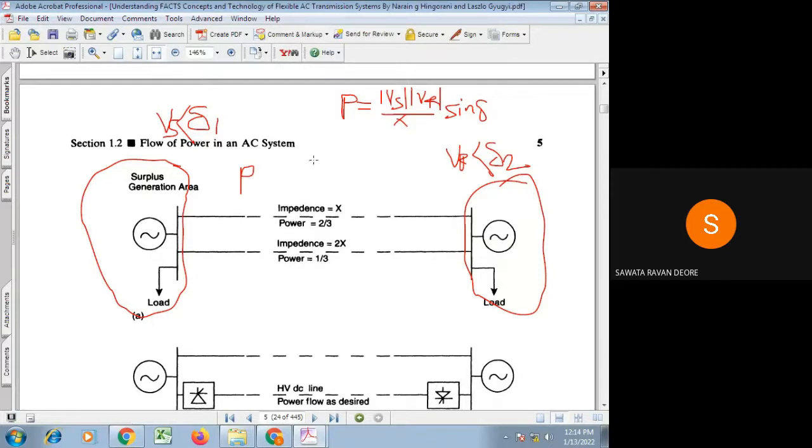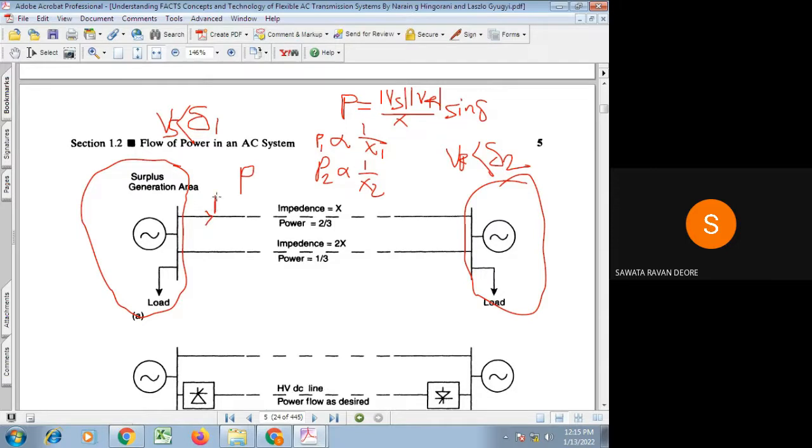In other words, whatever P1 is there for line 1 is proportional to the reactance of that line, X1. And the power flow through line 2 is proportional to the reactance of that line. That proportionality constant is the same for both transmission lines, because Vs, Vr and sin delta are common in both lines. Whatever power P is exchanged between this region and this region gets distributed through these two transmission lines.